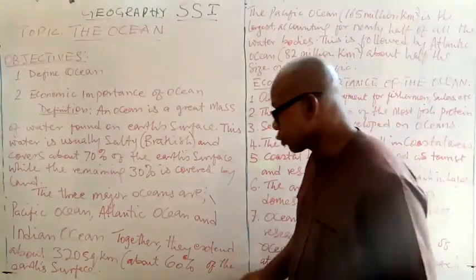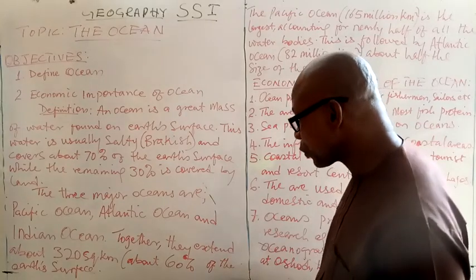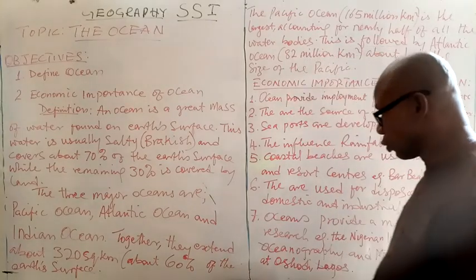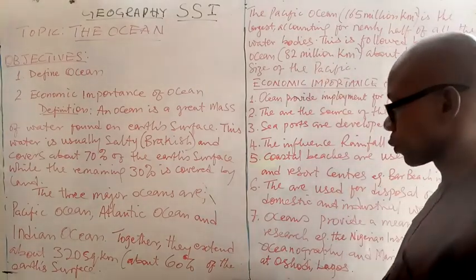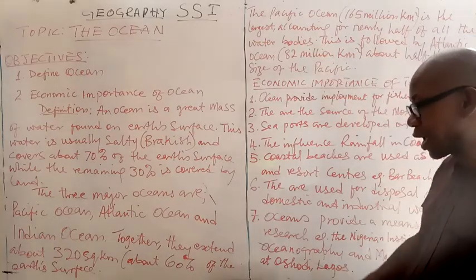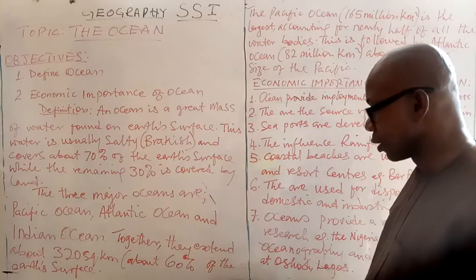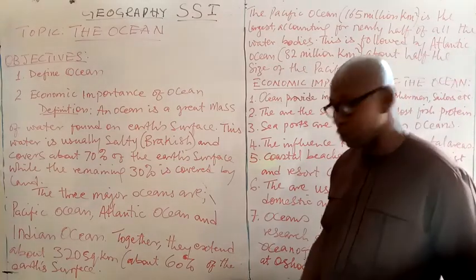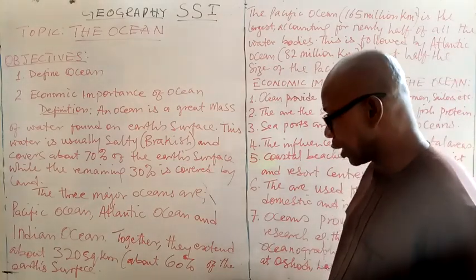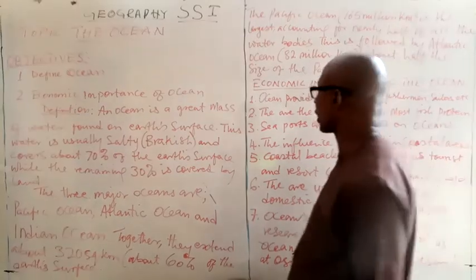Good. You also have to realize that the oceans together extend to about 320 million square kilometers. That's about 70% of the Earth's surface.